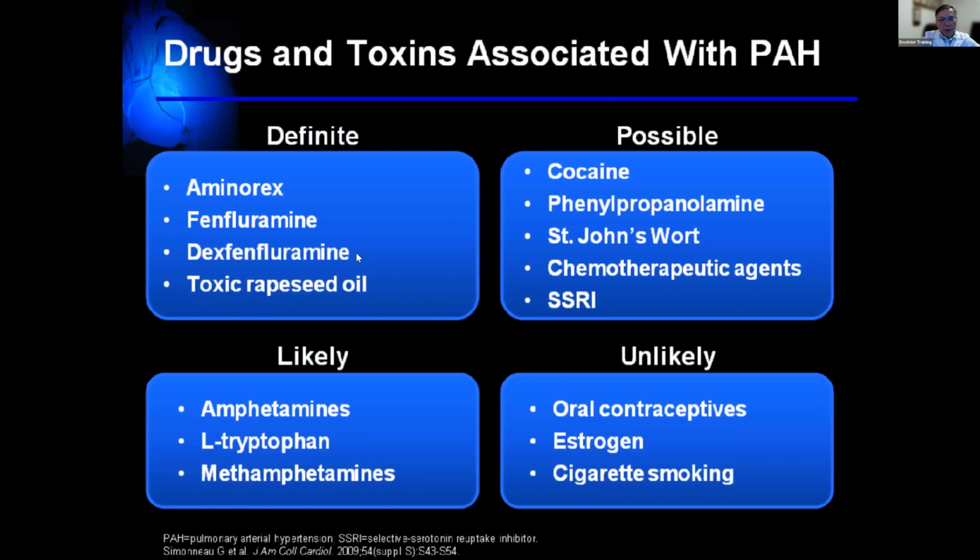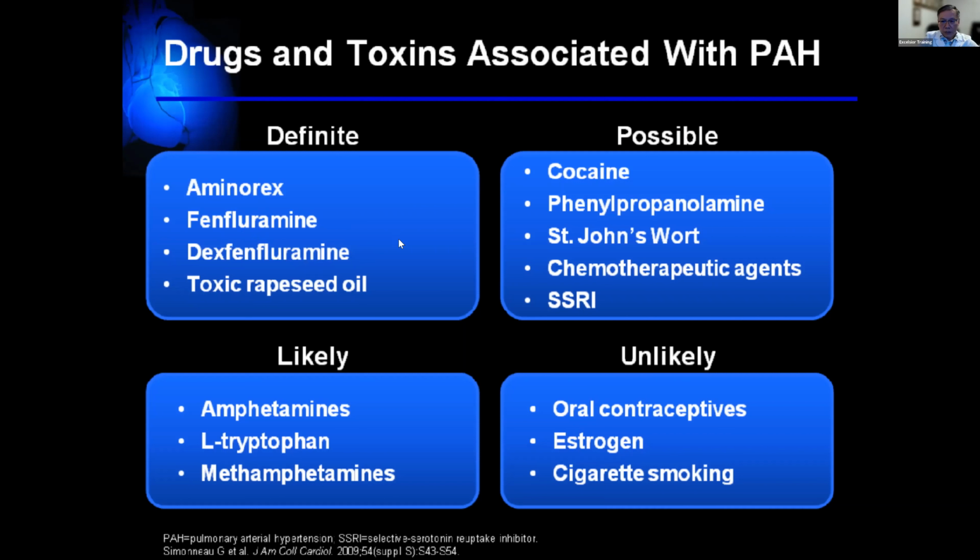Toxins. We learned many years ago the weight loss pill Fen-Phen can damage pulmonary arterial endothelium. And that's why that drug was taken off the market. But we still have other similar drugs around, like fenfluramine, dexfenfluramine.